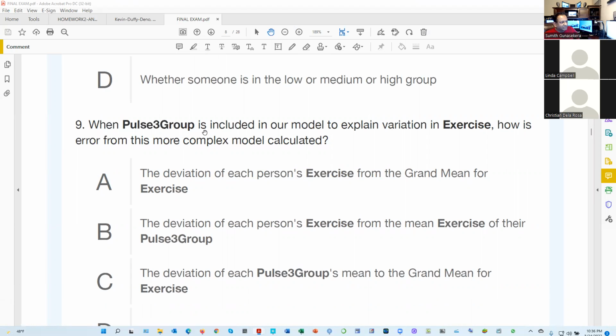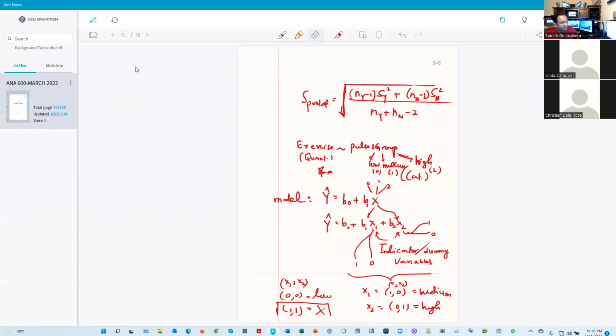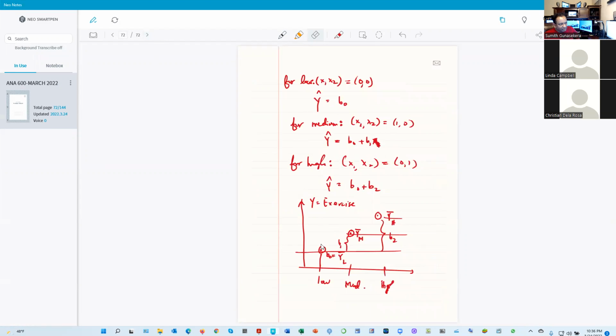Error is nothing but that deviation, for each group. So the deviation is nothing but what? You go to your data, whatever data you have.